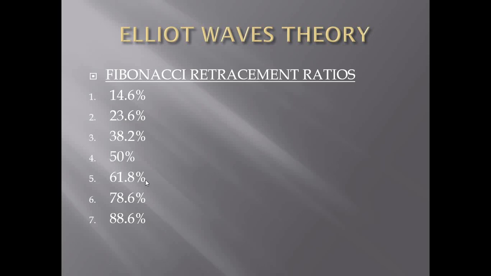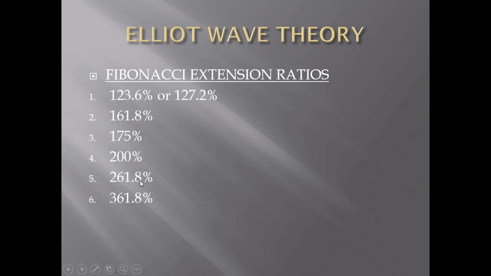When you learn more about Elliott wave theory and Fibonacci ratios, you will find that 61.8% is the golden ratio, because most of the time the corrections are completed at 61.8%.